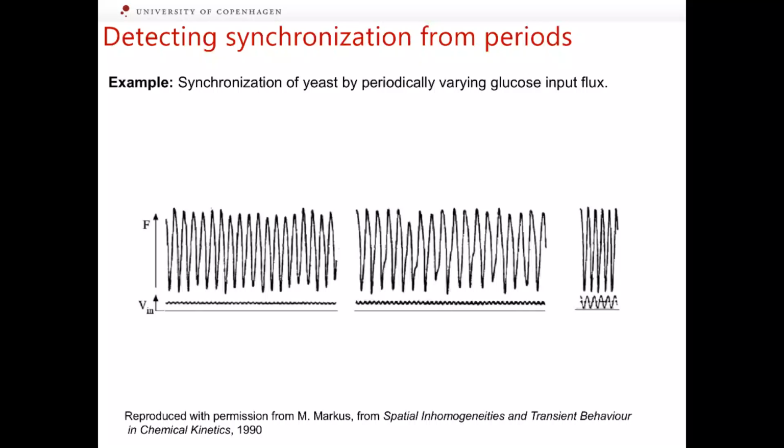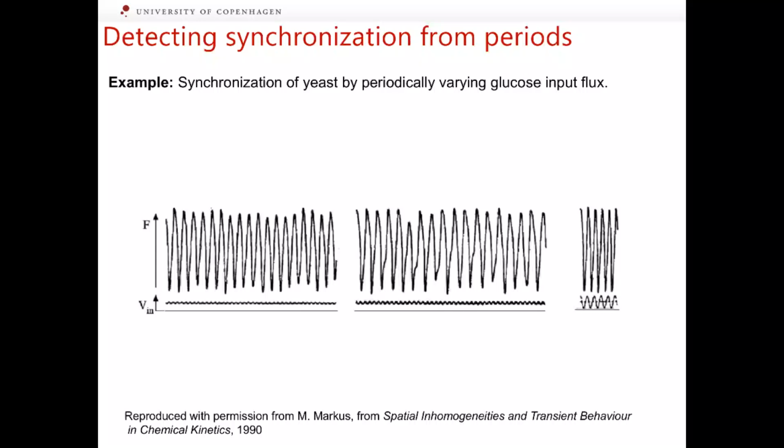The figure in this slide illustrates what happens when periodically oscillating flux of glucose is added to the population of yeast cells, which themselves oscillate periodically. In all three panels, yeast oscillations are shown by the upper traces and denoted as F, and oscillations of glucose by the lower traces and are denoted as V in.